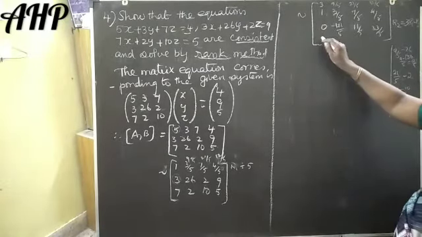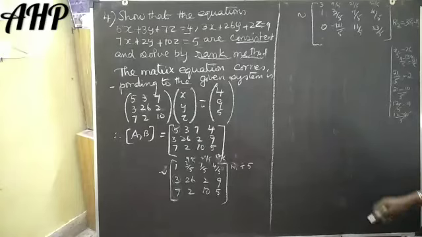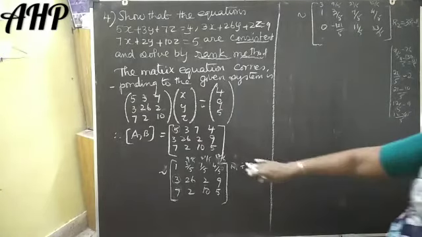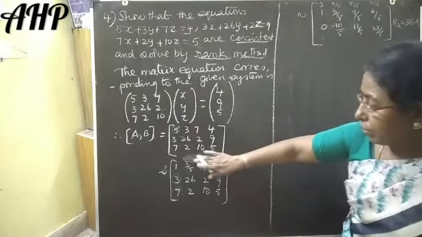Our aim next is to make the first element of the third row 0. Multiply the first equation by 7. So multiplying this by 7, this will give you 7. Here you get 7 into 3, 21 by 5. 7 into 7, you get 49 by 5.